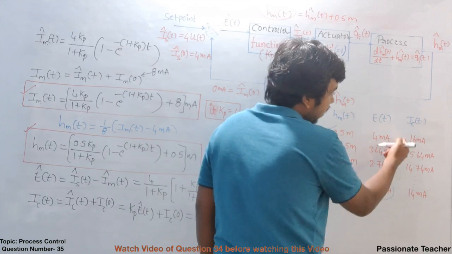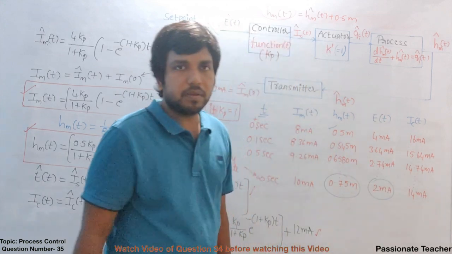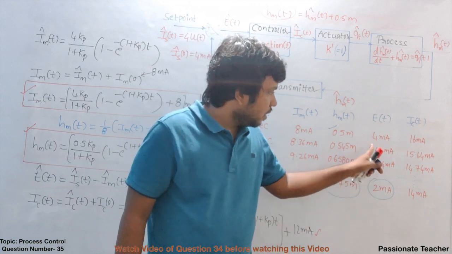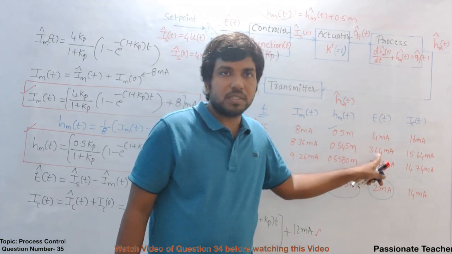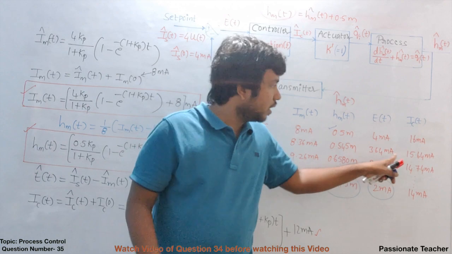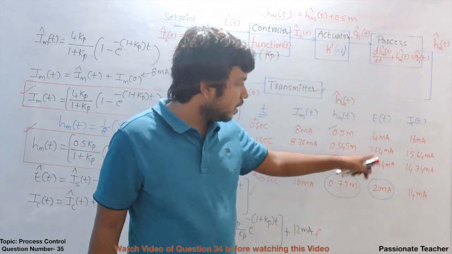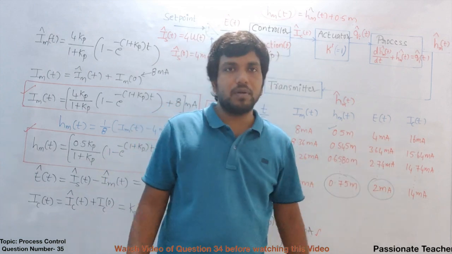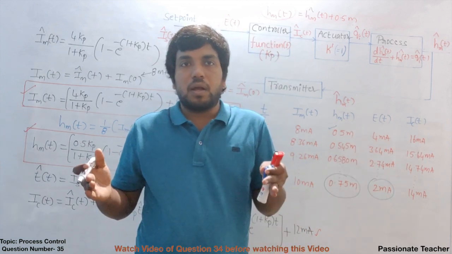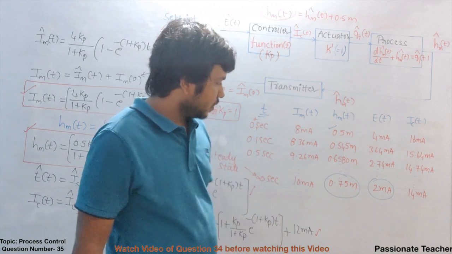And controller current is slowly decreasing. Why is it decreasing? It's quite easy to understand. When the error is decreasing, in the next instant of time the controller current will automatically decrease. Am I right? Of course, because when the error is decreasing, naturally the controller current decreases, because we are using a proportional controller, right?